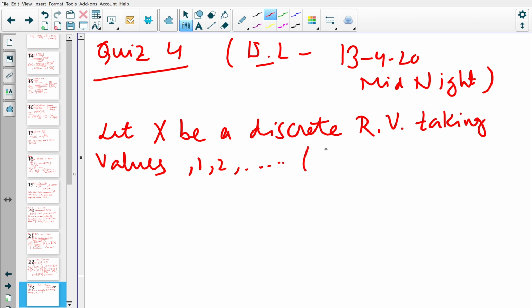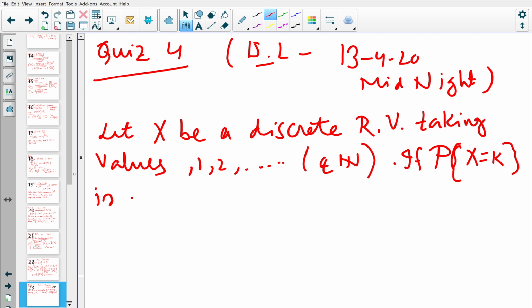That means it is taking values inside the natural numbers. Okay, and it is given that the probability that X equal to an integer k is non-increasing in k. So non-increasing means what? It can be either equal or decreasing.